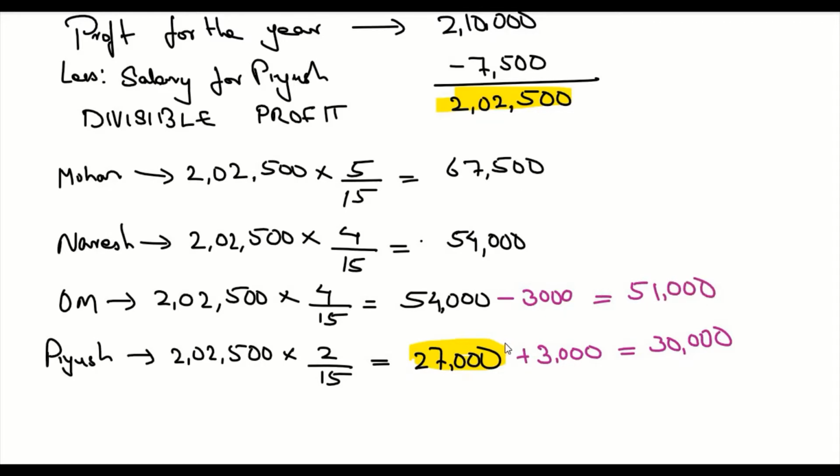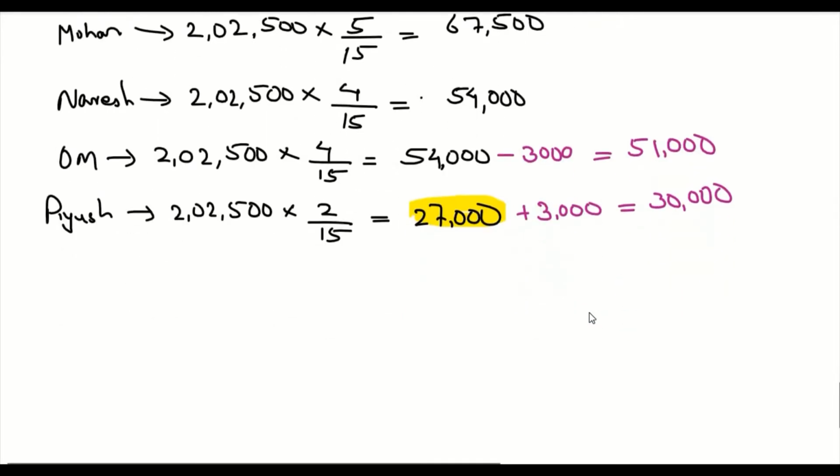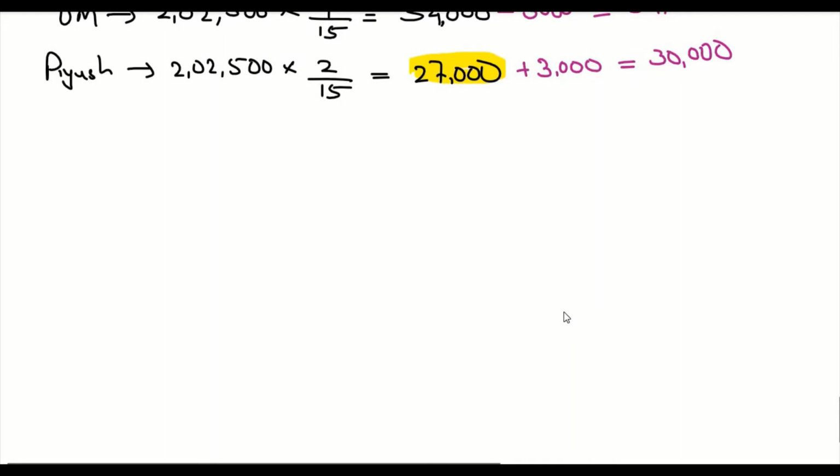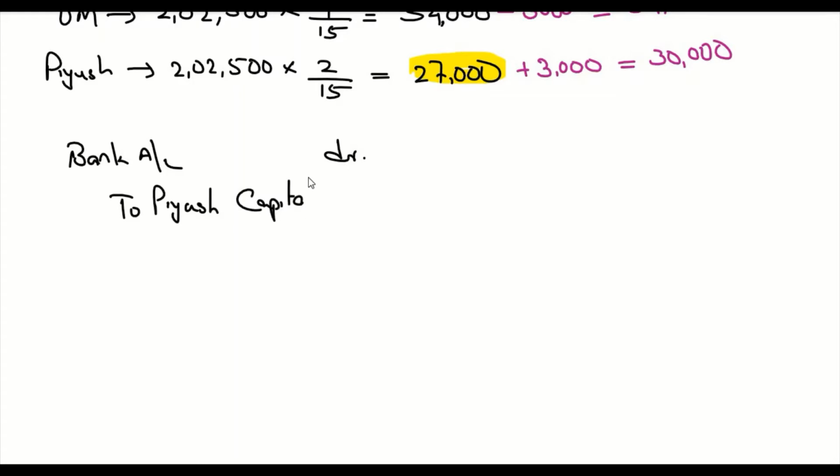Okay, now we got the profit share for each of the partners. Let's move on to the journal entry part. So first thing is bank account debit to Piyush Capital to premium for goodwill.